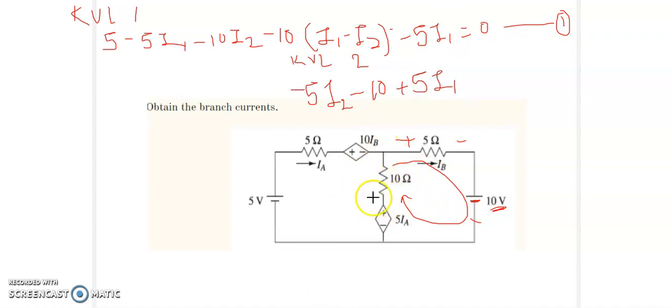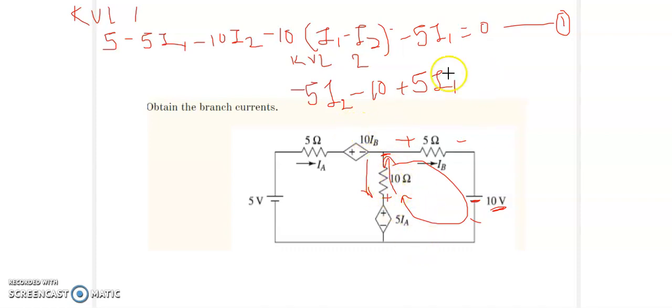Then for this 10 ohm resistor, again it is on the common branch, so I2 is from bottom to top and I1 is from top to bottom. As we are tracing loop number 2, we give importance to this current, and the sign will be given according to the direction of I2, and the value of current flowing through the 10 ohm resistor will now be taken as I2 minus I1.